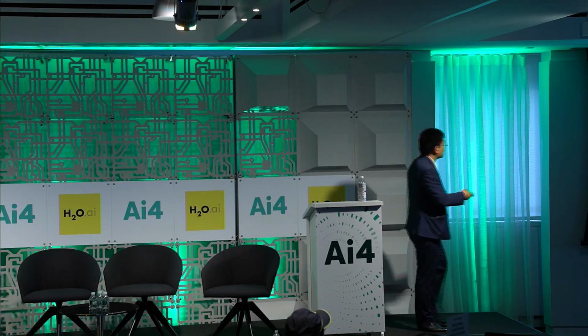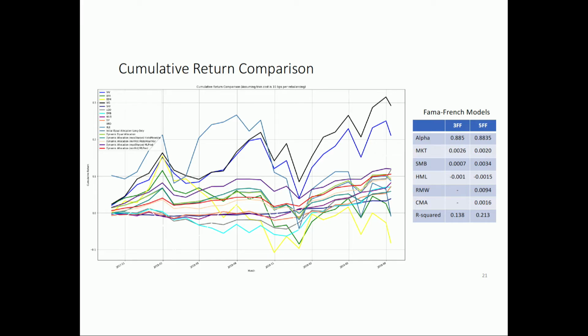I'm almost done. Here, on the right is the cumulative return from the suggested portfolio. This is the minimum variance portfolio. I rebalance monthly and have a 90% prediction interval.